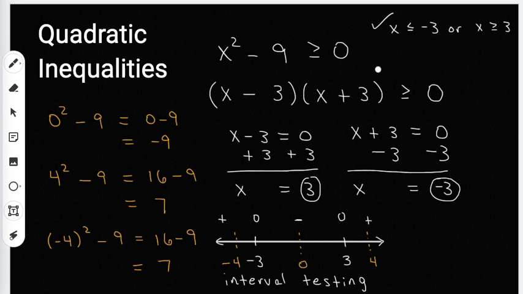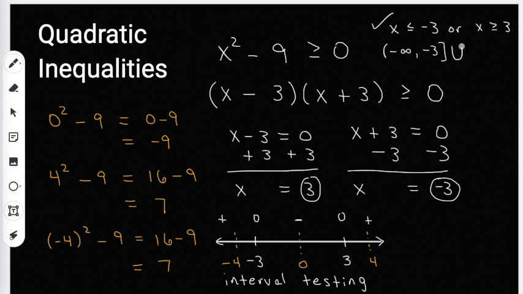Now another way that we can write this solution is in interval notation. So if we wanted to write the interval that corresponds to x is less than or equal to -3, we would have to write it as -∞ all the way to -3. And since we have that equal to sign under there, we need to give it a closed bracket.